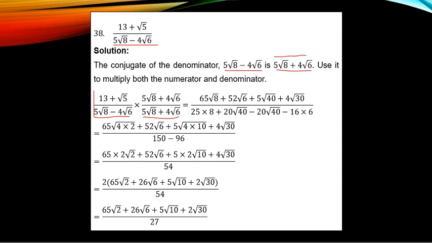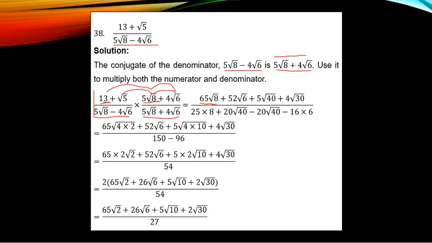Next thing is to expand. First term times first term and second term. When you are through with that, second term times first term and second term. Same thing happens to both numerator and denominator. So you take 13 now. 13 times 5 root 8, that is 65 root 8.